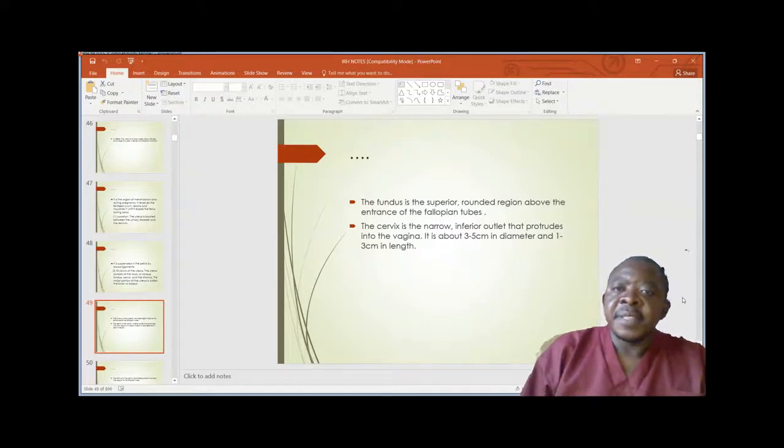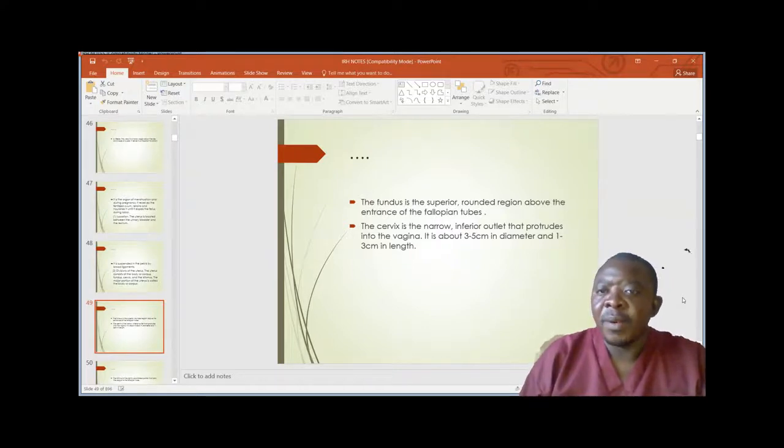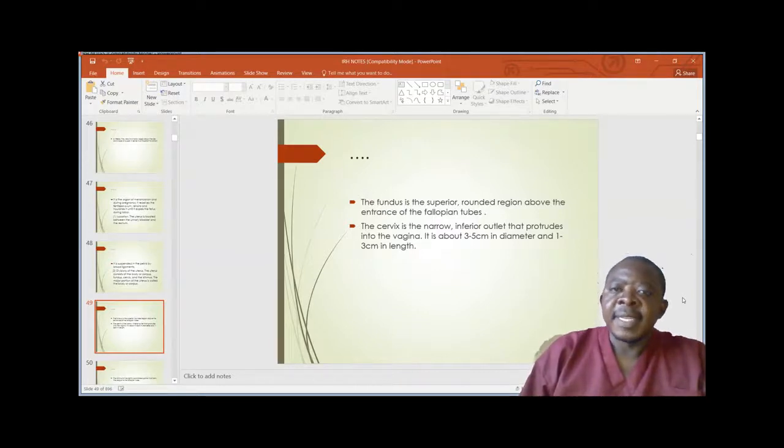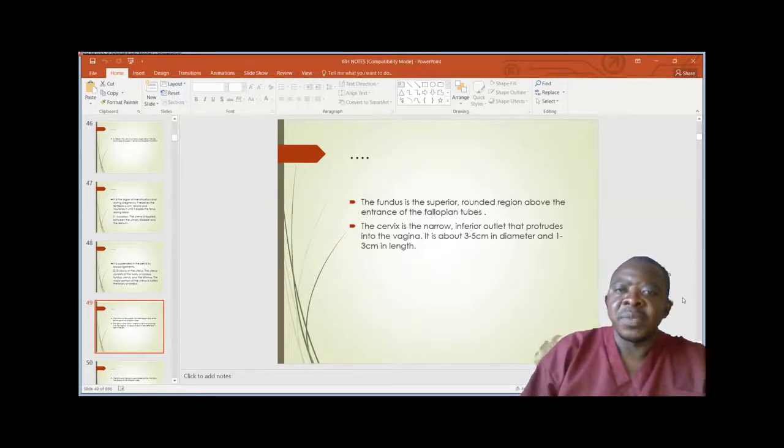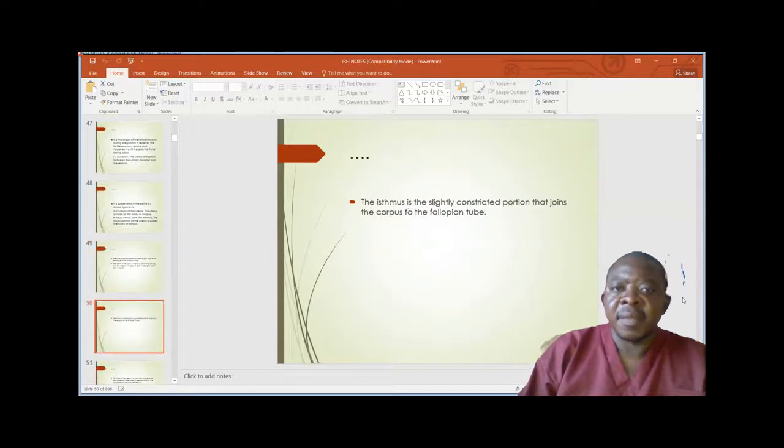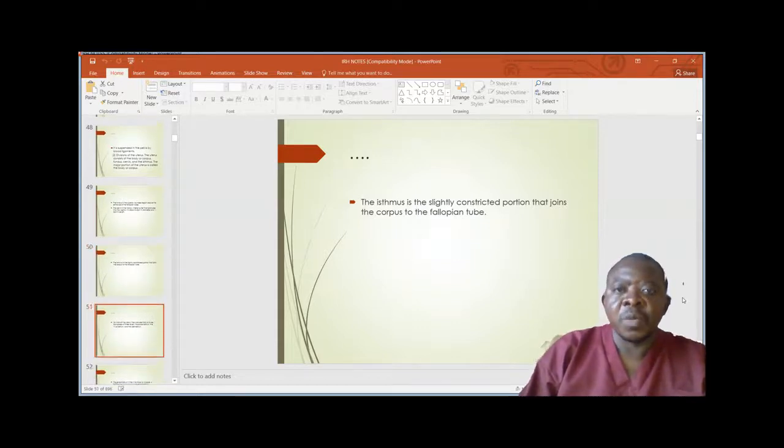The cervix is the narrow inferior outlet that protrudes into the vagina. It is about 3 to 5 centimeters in diameter and about 1 to 3 centimeters in length. The isthmus is the slightly constricted portion that joins the corpus to the fallopian tube.